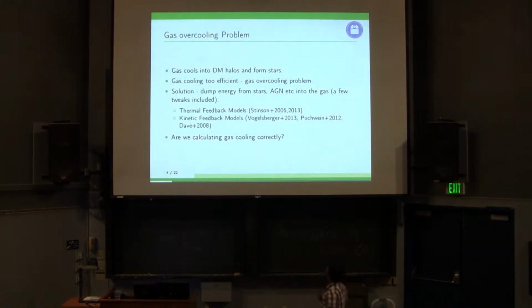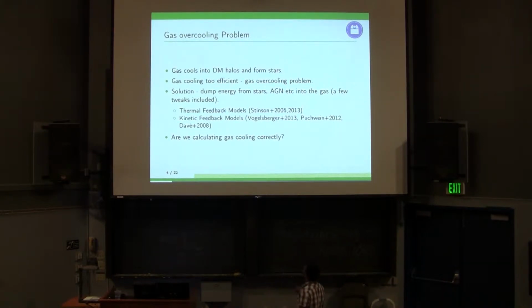So as you have all heard during the course of this week, how do galaxies form? Gas cools in dark matter halos and then they form stars. But if you simulate this, gas cooling is too efficient, and you have a gas overcooling problem in simulations.